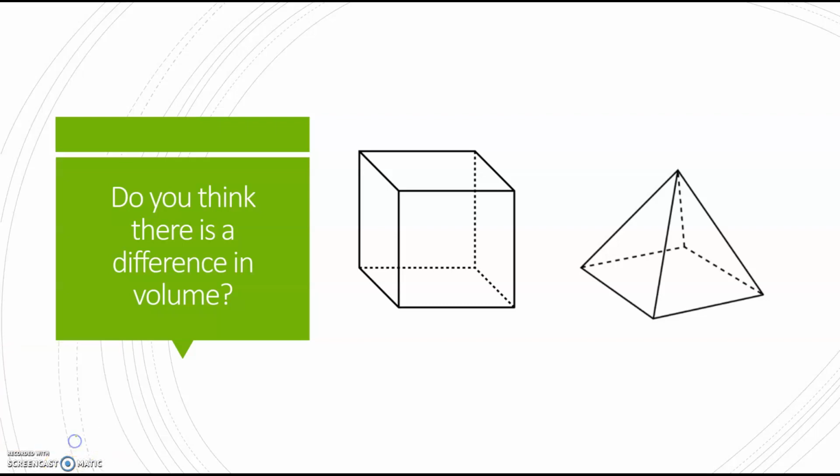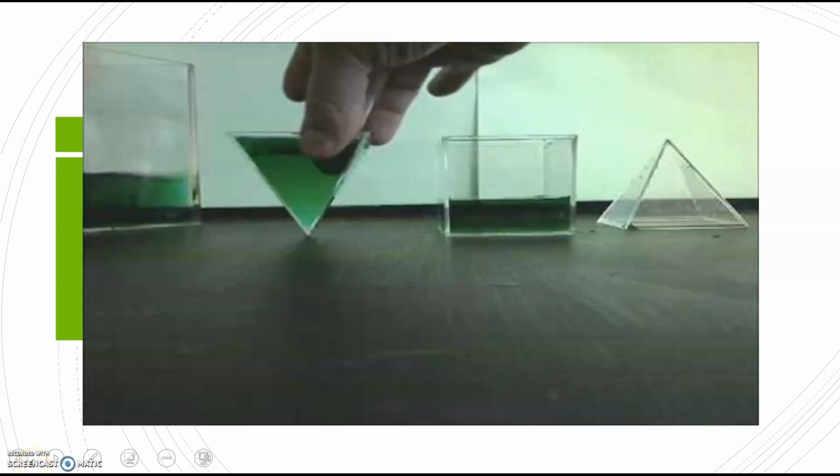Well, honestly, I think that the pyramid looks small. So let's see if it's actually the case. In my mind, it looks like the bases are the same size. And if I put the pyramid inside of the cube, there would probably be some space left over. Well, we are going to do an experiment and find out.